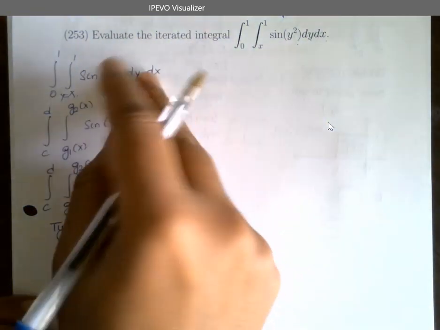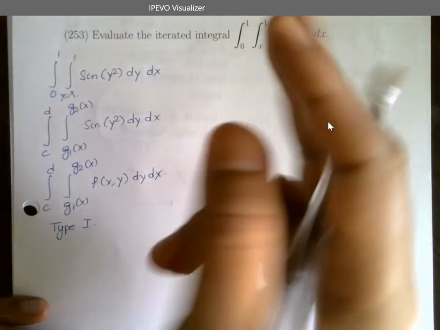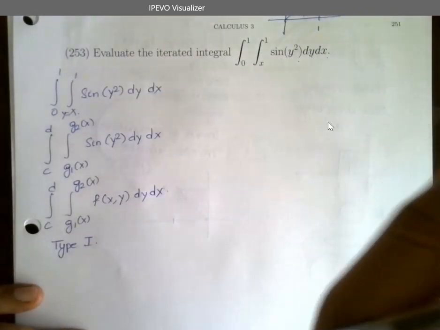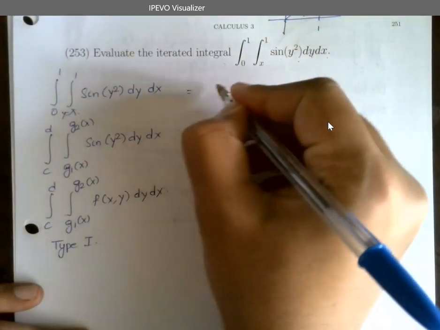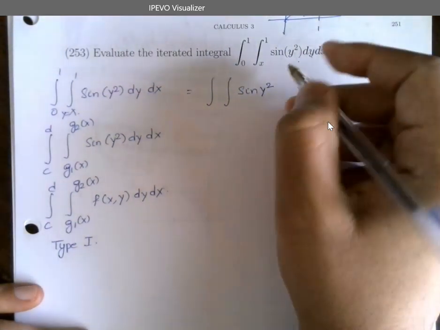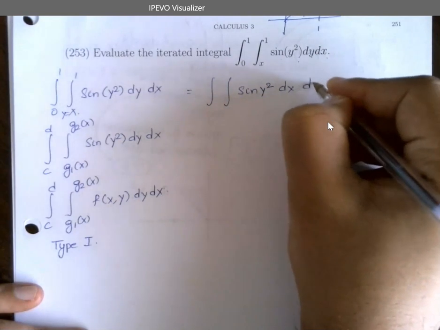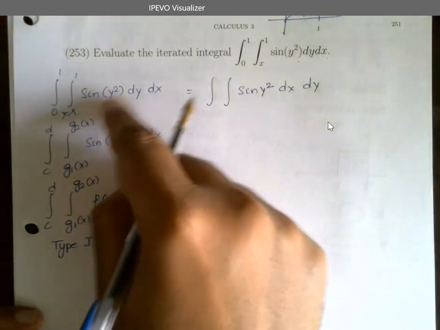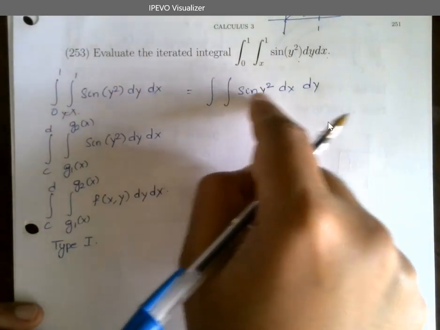So can we change the limits of integration? Because in the iterated integral, you can change the limits of integration by using Fubini's theorem. So I want to be able to write the integral of sine y squared dx dy. Does it help? I'm trying. Because it did not work out, I'm trying changing the limits of integration.